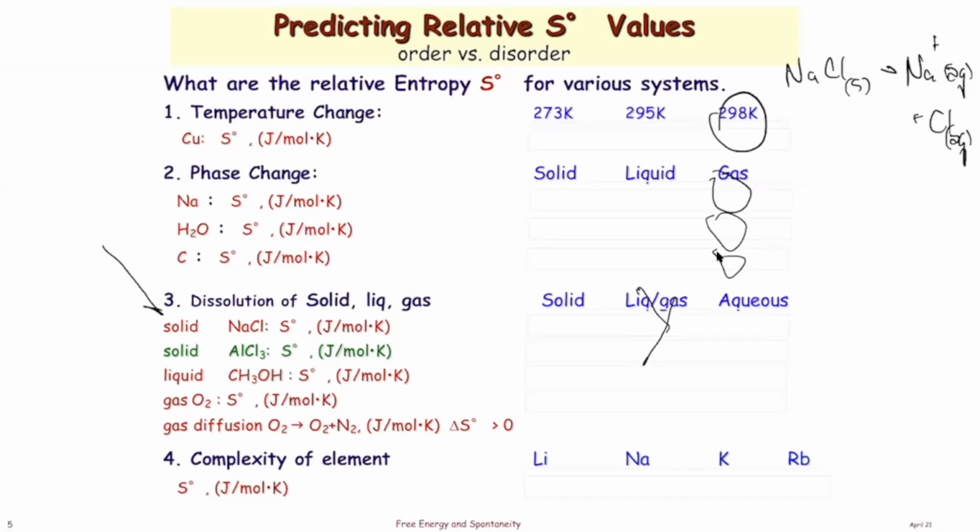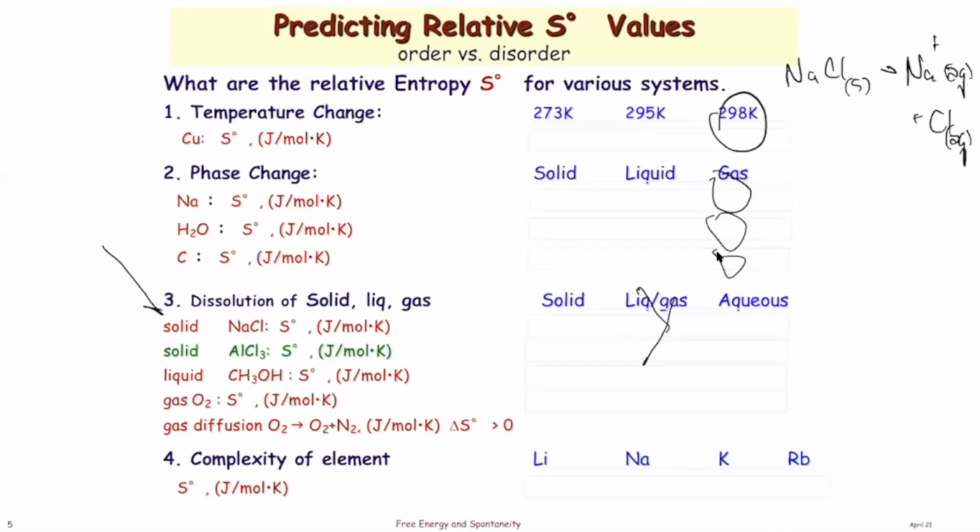In the aqueous form, the ions are separated, but the water is responsible for hydrating and stabilizing these ions, so there's a degree of organization of the water around these ions. The question is: are the solid sodium chloride and the water more ordered than the sodium chloride ions being surrounded by water? That's something we need to discuss, because it depends.